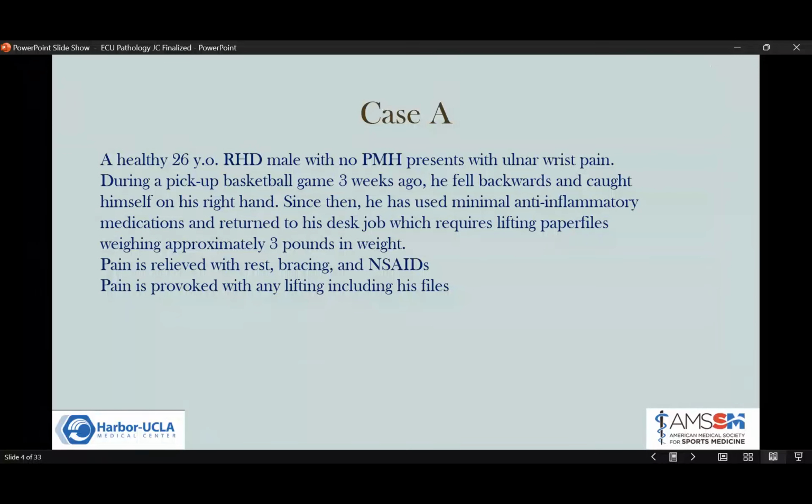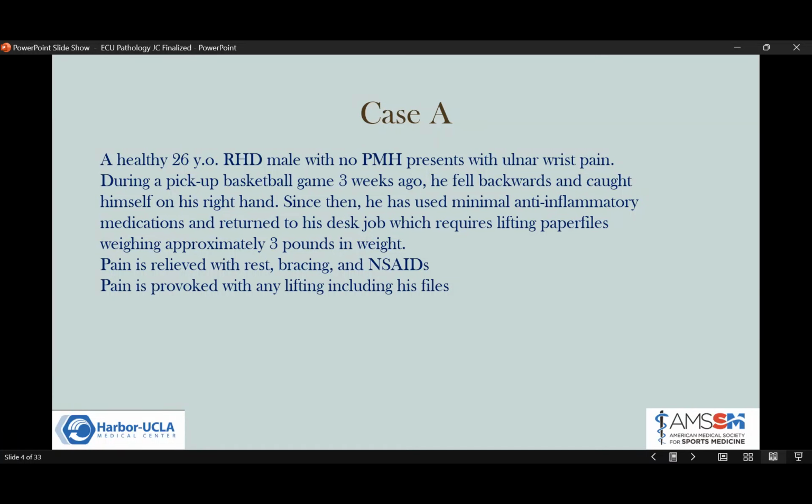So my major case for today's presentation is on a 26-year-old right-hand dominant male. He has no past medical history, had a prior history of wrist injury from basketball. Recently, during a pickup game in basketball 3 weeks ago, he fell backwards and caught himself directly onto his hand.